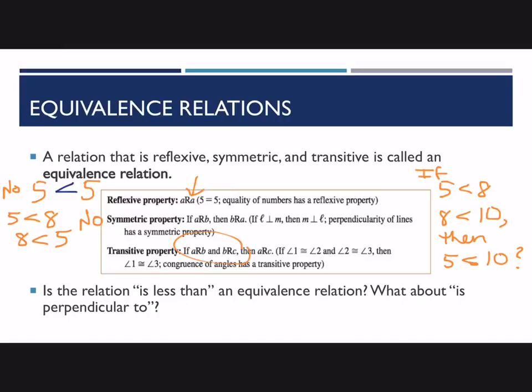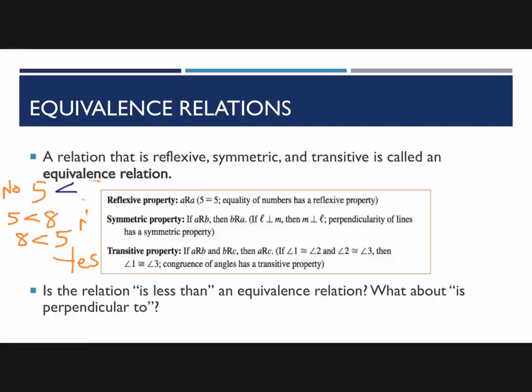So yes, the relation is less than does have this transitive property. So that's not enough to make it an equivalence relation, but it does have that one property. All right, let's try the same thing for is perpendicular to, and we want to test and see if it has these three properties.